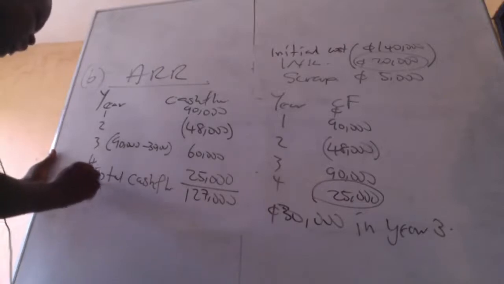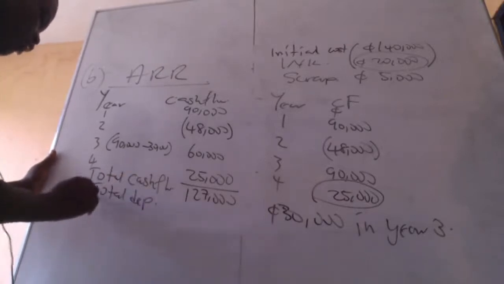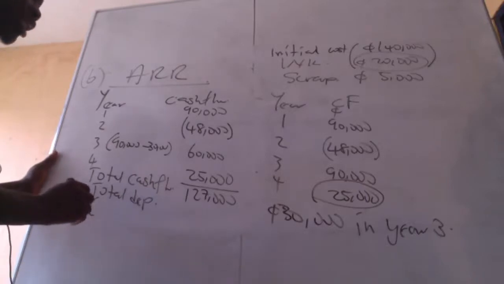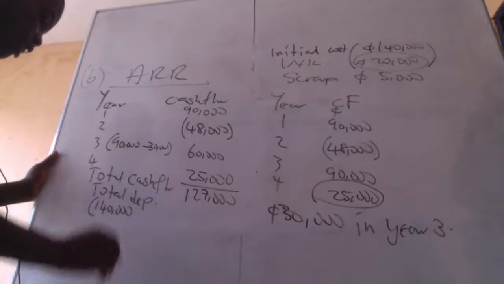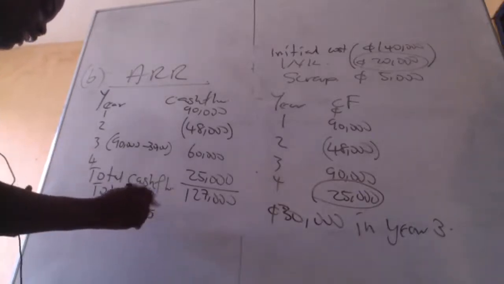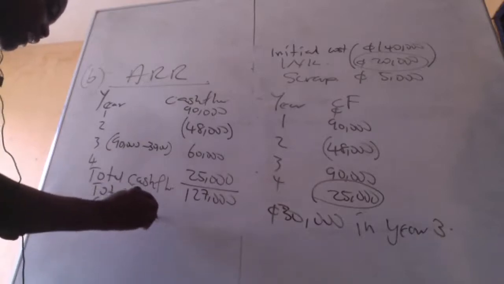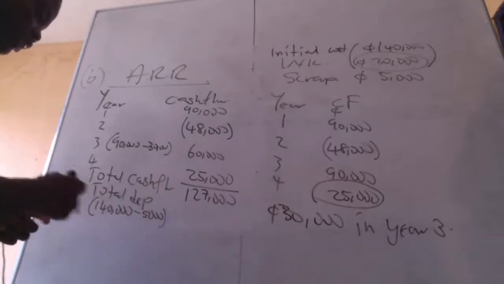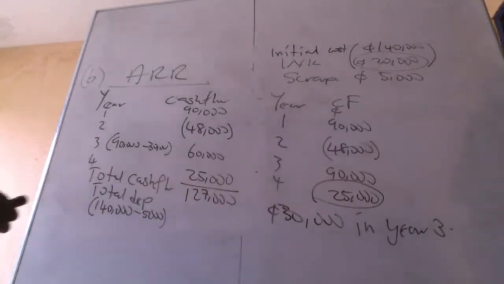So let's say total depreciation, that's the depreciable amount. The original cost of the asset, that's 140,000, less the 5,000.